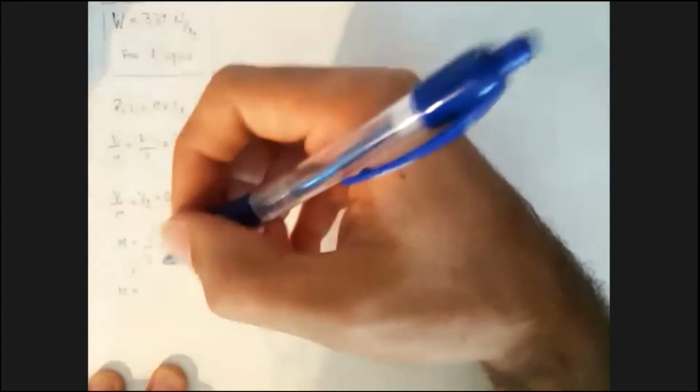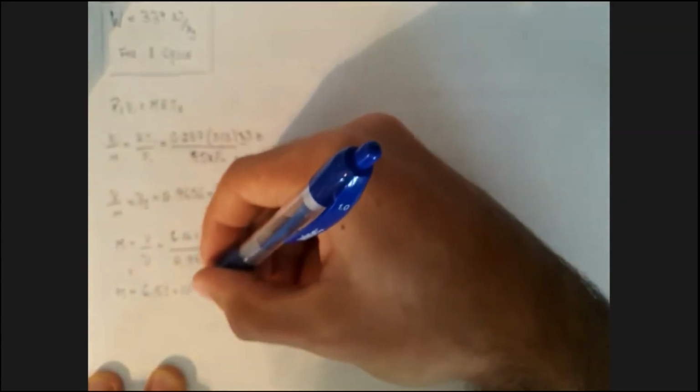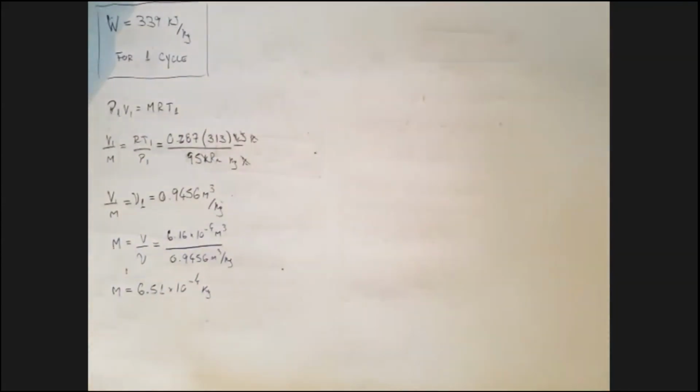Okay, so my mass of air going through this is 6.51 times 10 to the minus 4 kilograms. That's the amount of air that I have going through this cycle, and that's in one cylinder, right?